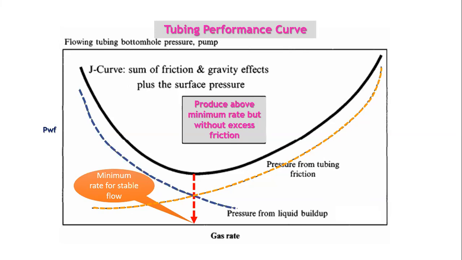So we have to have this in mind. At a point, the pressure loss produced from the gas production is too high, and it is no longer effective or optimum. So the idea is to produce the minimum rate, but without the excess friction.